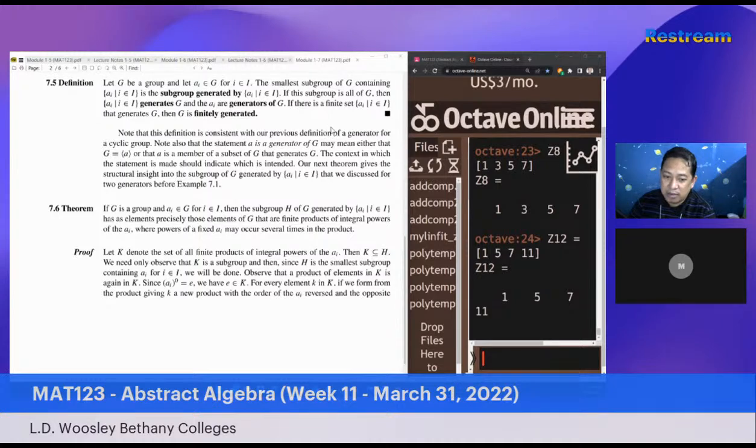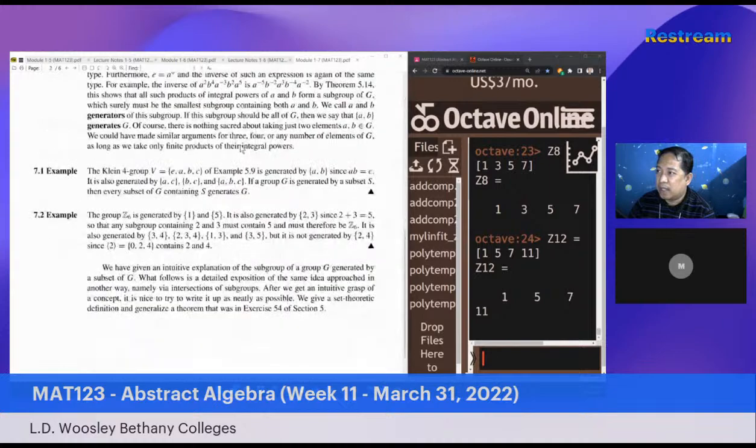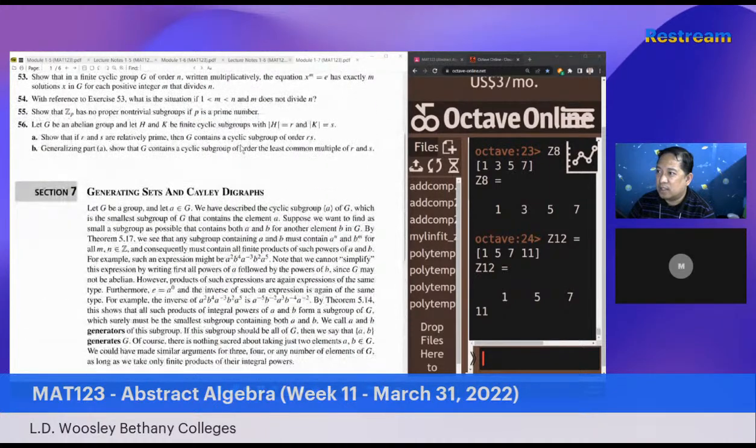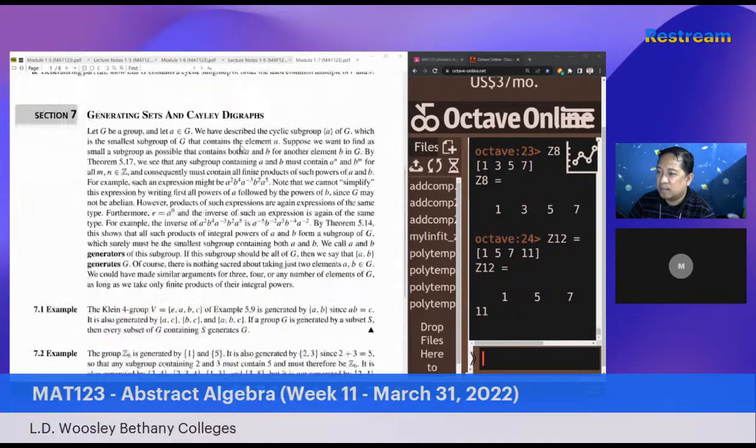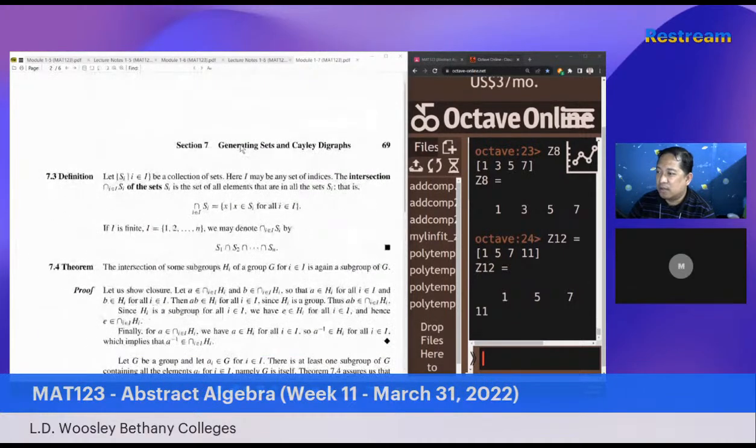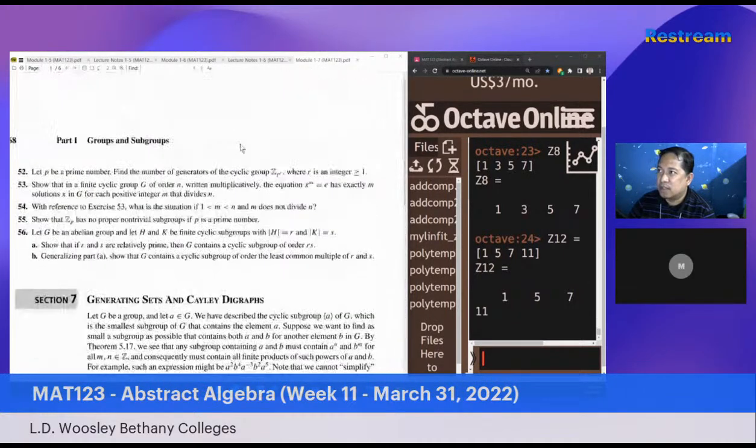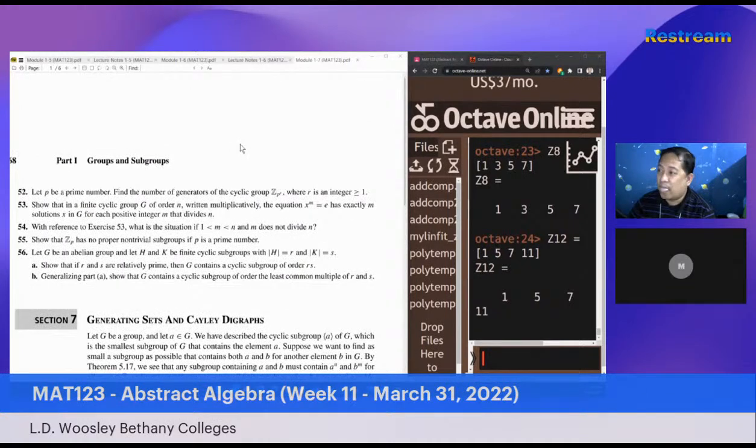Alright, so far yun lang. Okay, I think I'm done, no? So that's the entire 1-7. We just read it, no? Parang siya na yung pinaka, no? Yung generating sets and Cayley diagram. So you could always refer to these readings.